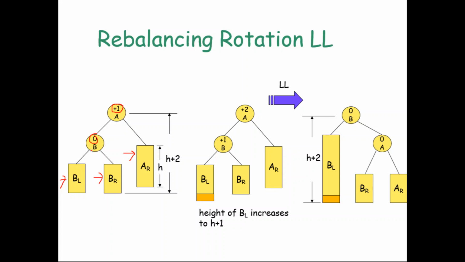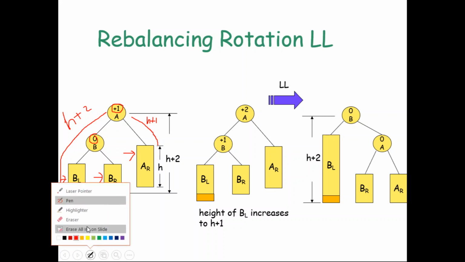The height of the left subtree of A is h plus 2, and the height of the right subtree of A is h plus 1. This is h, so if you include this also, it becomes h plus 1. So h plus 2 minus h plus 1 is 1. So this is a balanced tree.